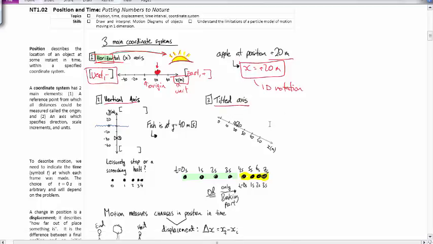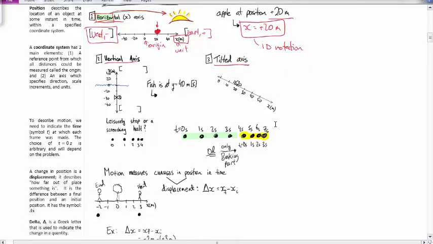Okay, so in the vertical axis, we have this is north or the positive direction, and this is south or the negative direction. So the fish here would be at 40 meters south, or y is equal to negative 40 meters.